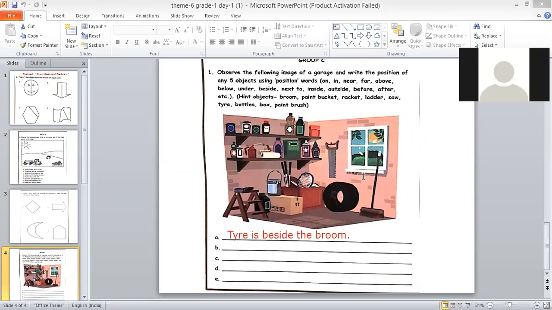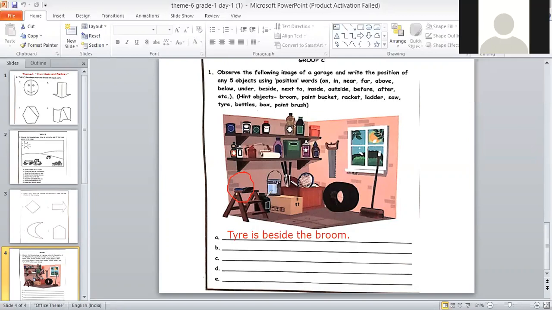Sudhamsh, that paintbrush is there. Can you see this paintbrush? Yes, ma'am. Now try to frame a sentence using this paintbrush. Tell me.